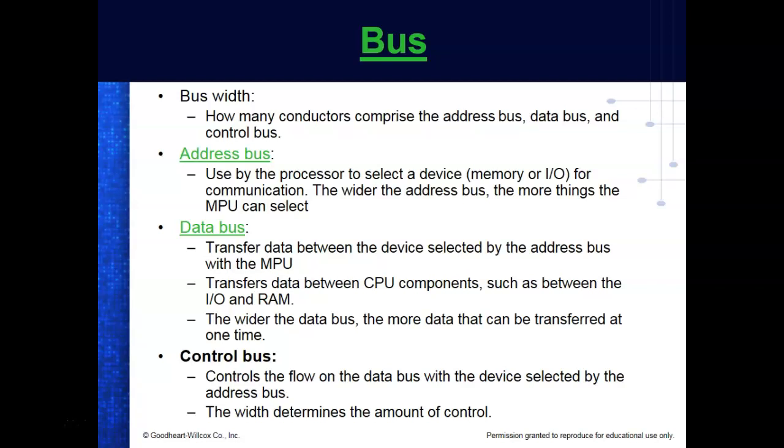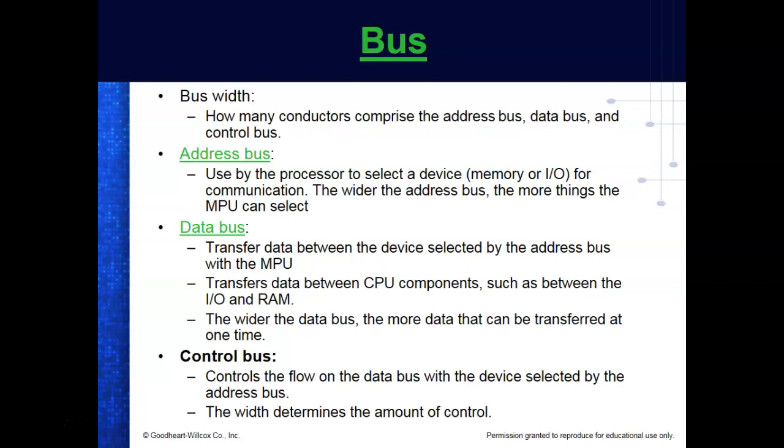So it's what the processor uses to select what it wants to communicate with, either memory or I/O. It specifies what it wants by the control bus. So the control bus outputs one that says, okay, I'm addressing an I/O device. So you can have an I/O device at address 0, and you can have a memory device at address 0. The control bus tells it which one it's addressing.